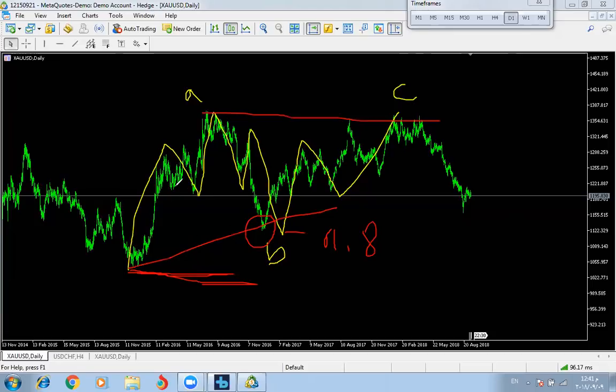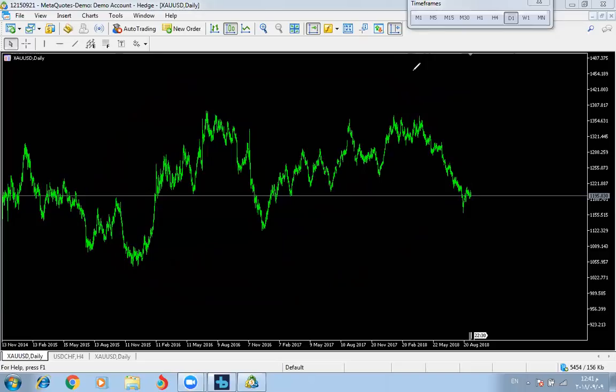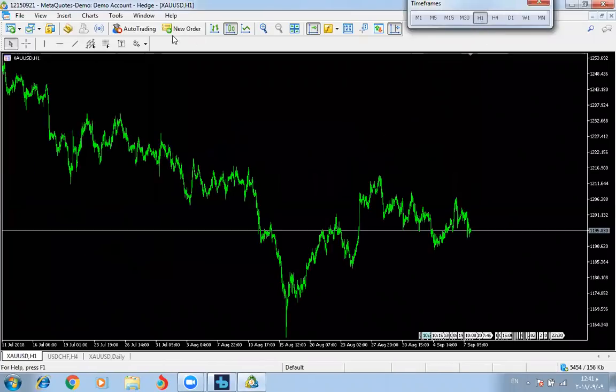So the whole corrective structure is over. This whole correction has ended right there, in the form of A, B, C, or W, X, Y, as you wish to name it. Okay, let me go back to our time frames and show you our focus in our trading for this week.